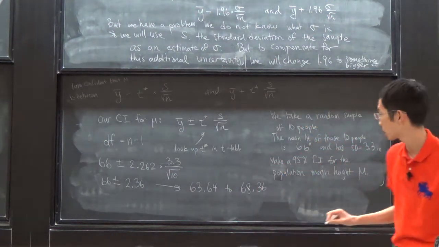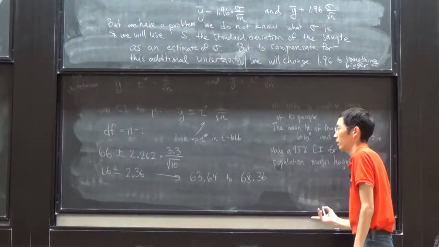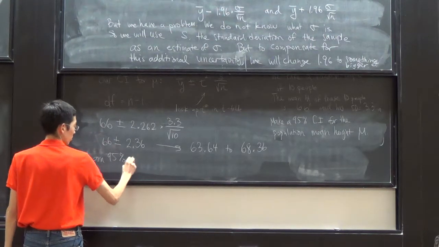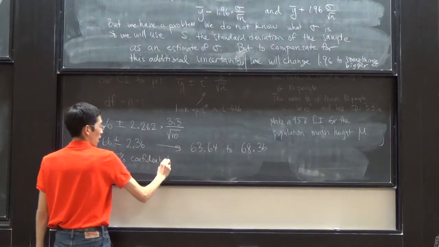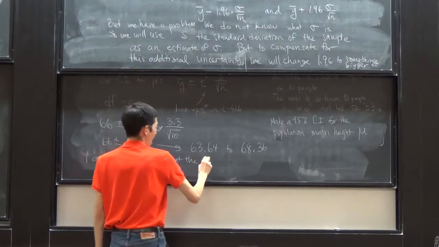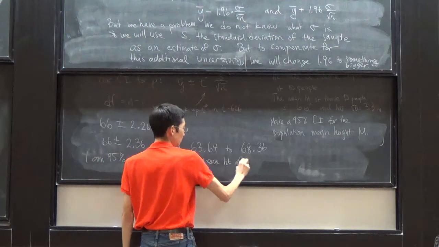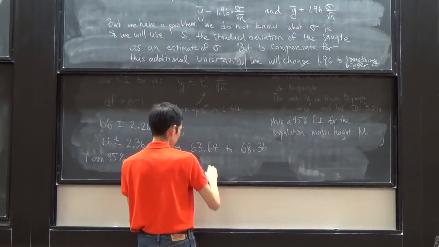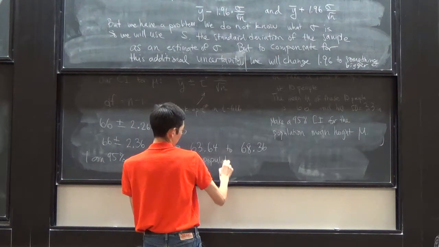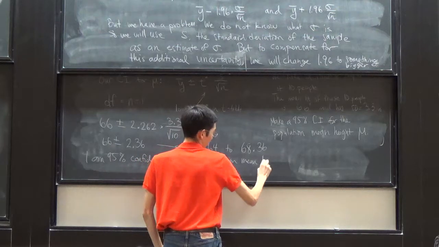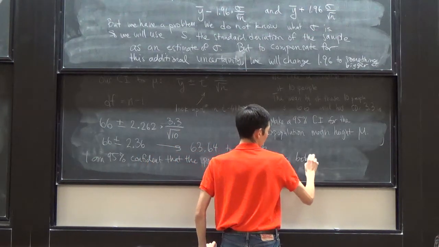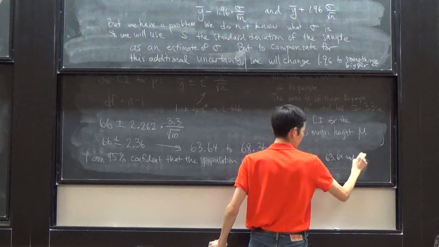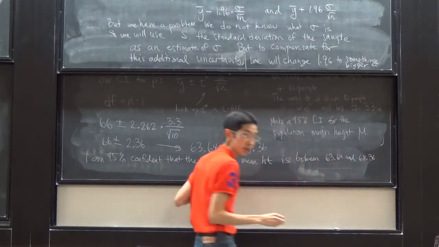And I would say I'm 95% confident that the population mean height is between 63.64 and 68.36.